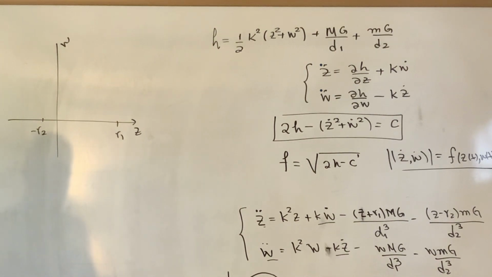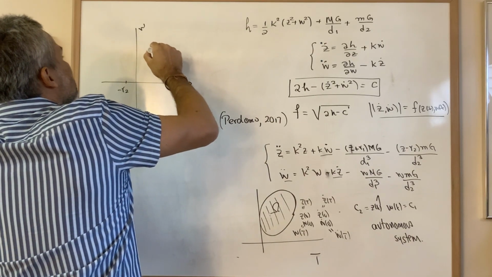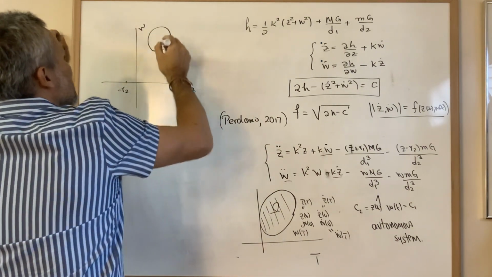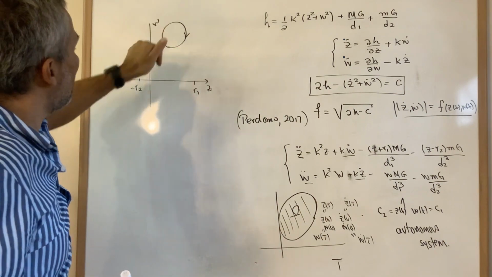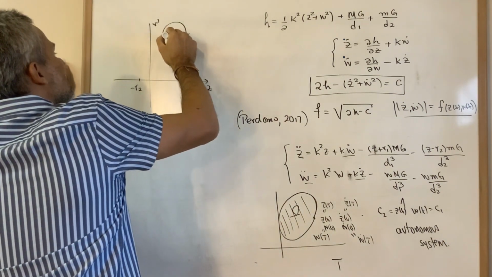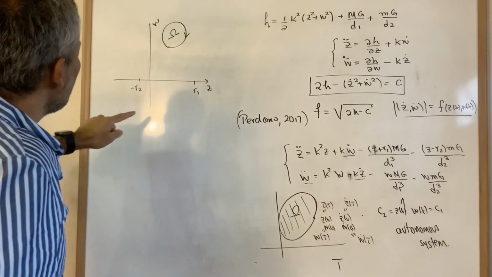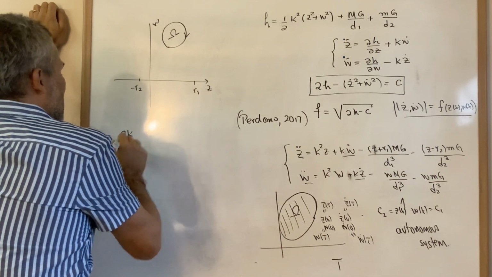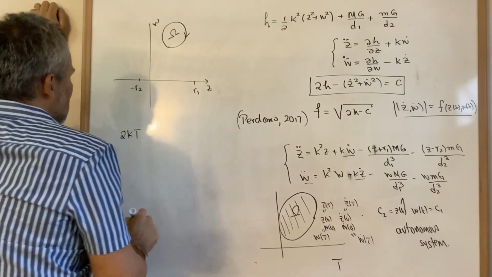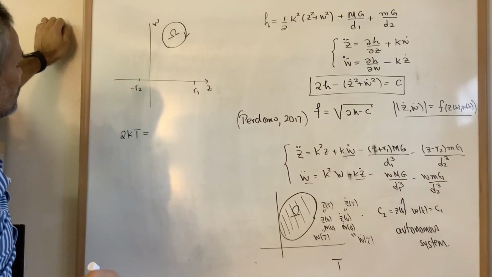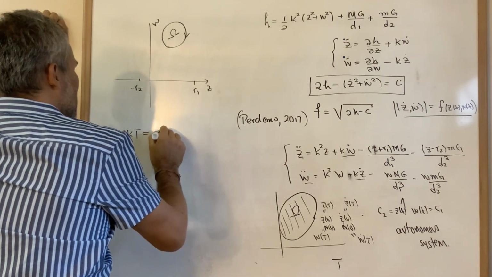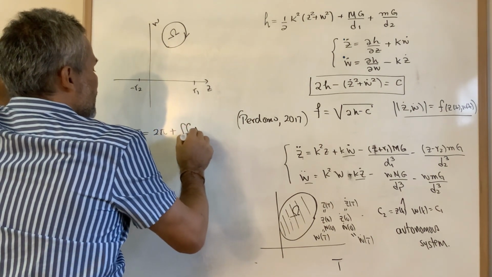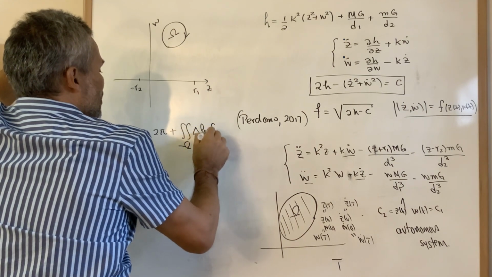Okay, the main theorem says that if you have a closed orbit, something like this, and let's suppose that that orbit is moving clockwise, and that it encloses a region omega. Then the theorem says that 2 times k times the period is going to be equal to 2 pi plus the integral over that region of the Laplacian of natural log of f.